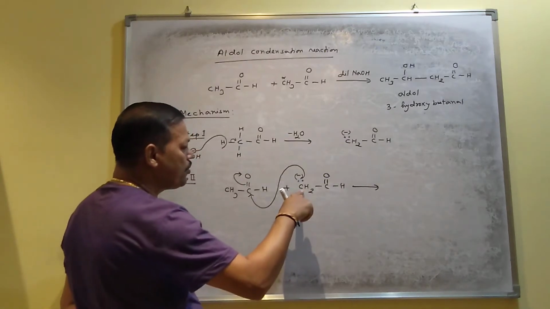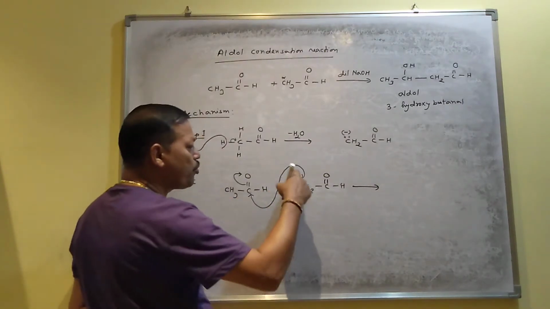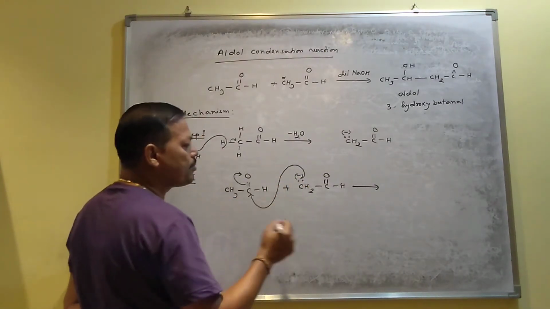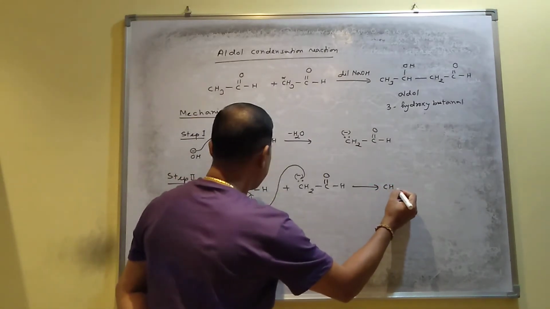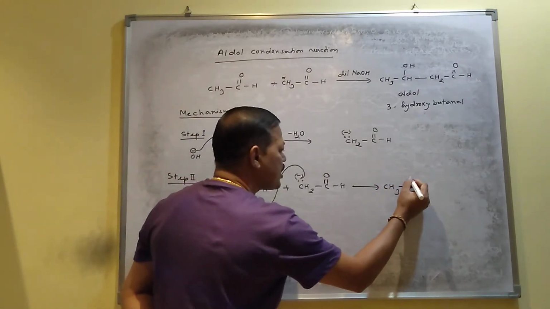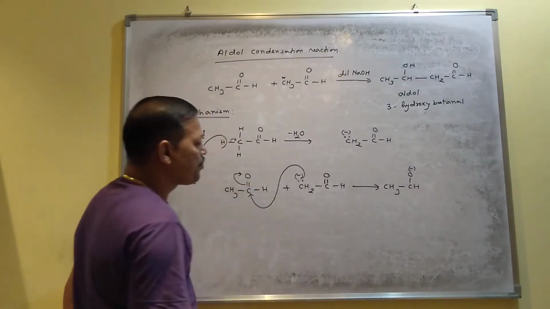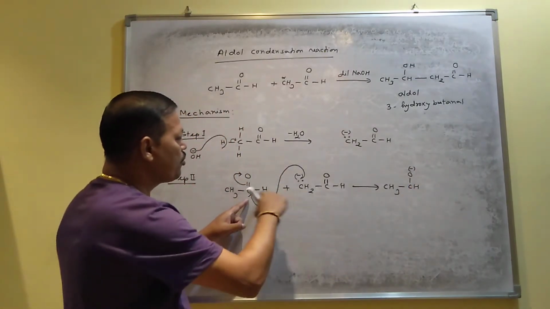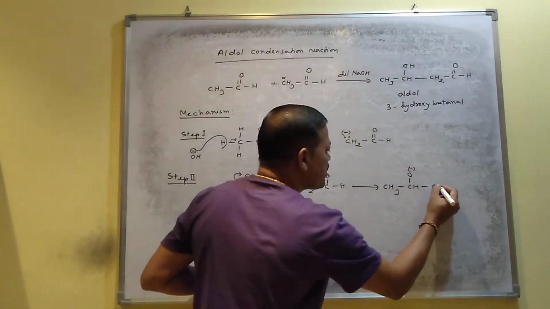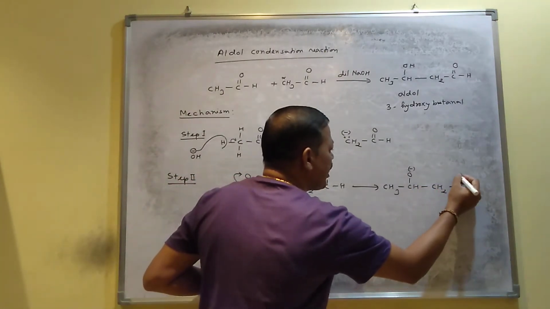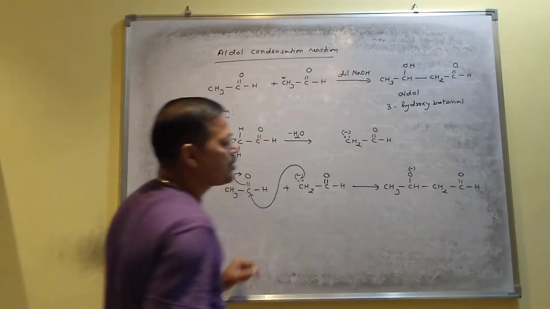Ultimately, this carbon will be joined with this carbon and it produces a new bond between these two carbons. Then you will get CH3CH, the double bond is converted to single bond and O becomes negative, and this carbon produces one new bond, CH2CHO, like this.